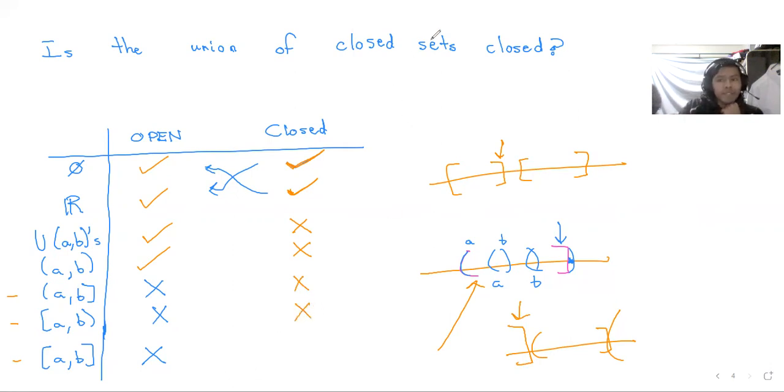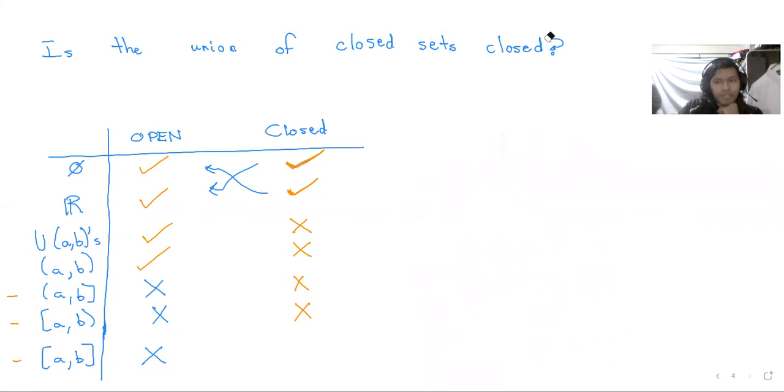And now for the last one, I believe it would be closed, because if we have a union, or even just one, but I'll draw two just so we can see, the complement would not include those, and it would not have brackets whether it's just one or two. So the complement is kind of like these two, which are open, so therefore that one would be closed.